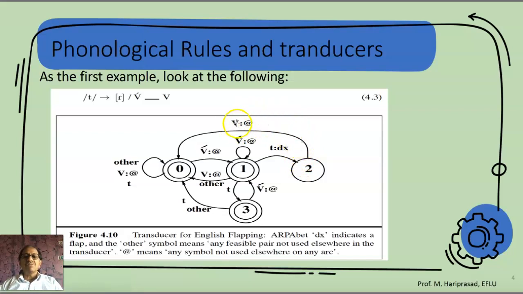If unstressed vowel doesn't occur, this will not change to flap. This becomes ungrammatical, right? It is illegal. So this transducer tells us that there should be a stressed vowel, either this or this. Then it is followed by t, and that t is followed by an unstressed vowel. Then that becomes your final state possibly.